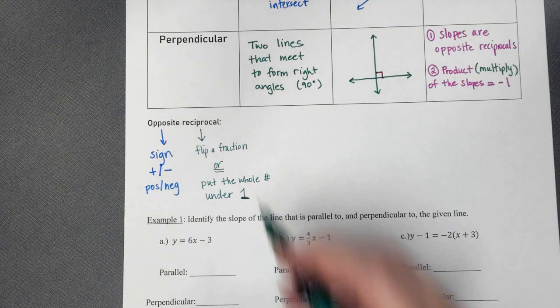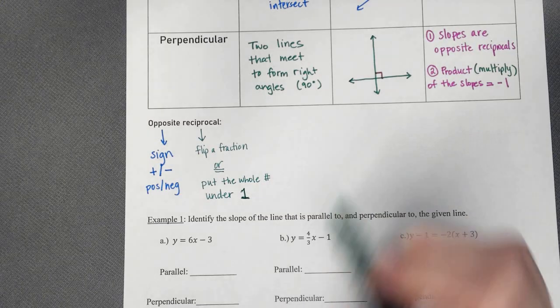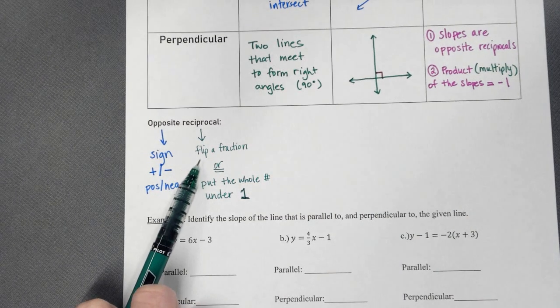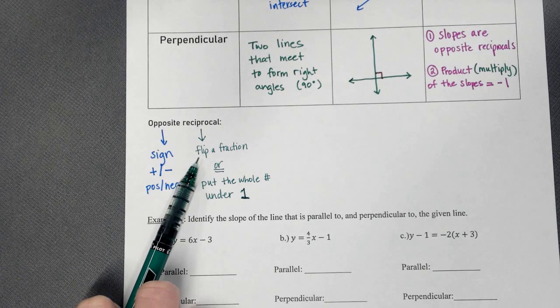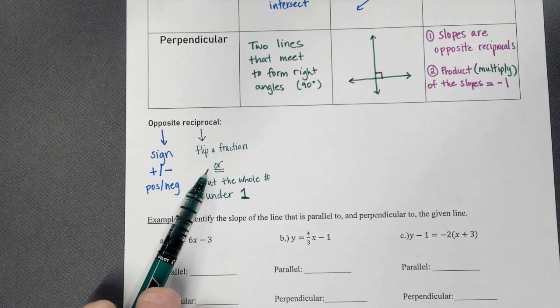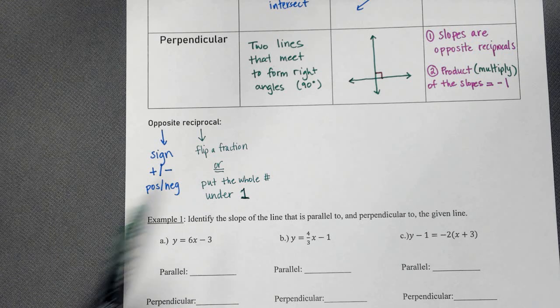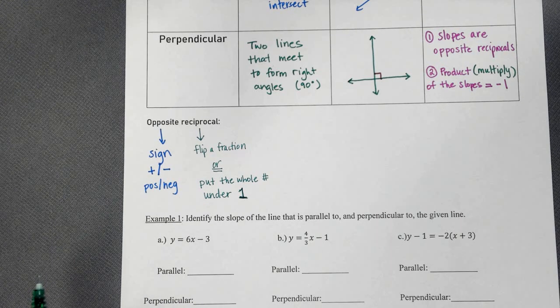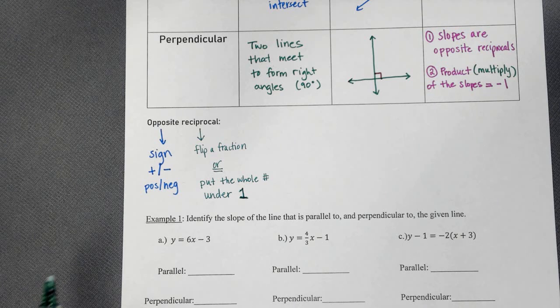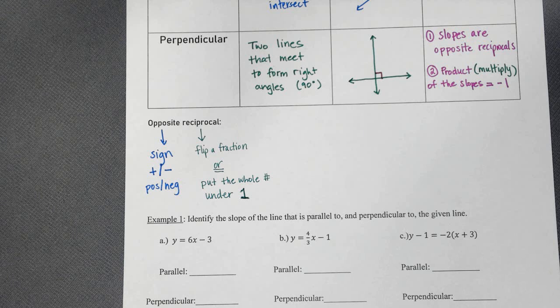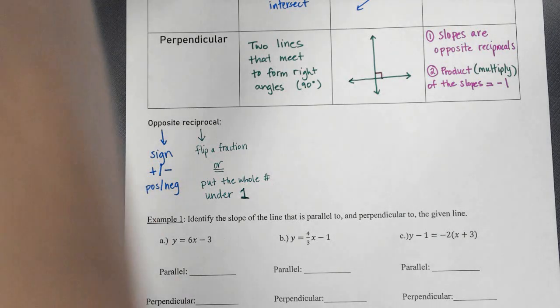We'll talk about why that is. So you either have a fraction and you flip it, or if your slope is a whole number, you just put that whole number under 1. So a whole number would be like 3. The reciprocal of 3 would be 1 over 3. So we're going to do some examples. And like I said, I'll do some of them with you, and then I'll have you do a couple, okay?